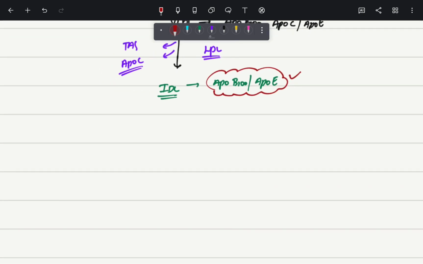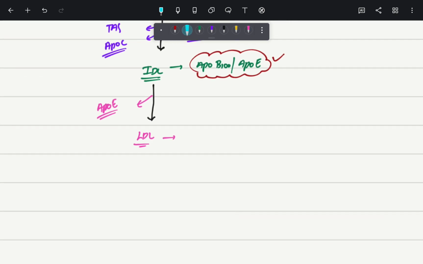Finally, intermediate density lipoprotein will convert into low density lipoprotein, and during this step the apoprotein E is extracted. So what we are left with is your apoprotein B100.